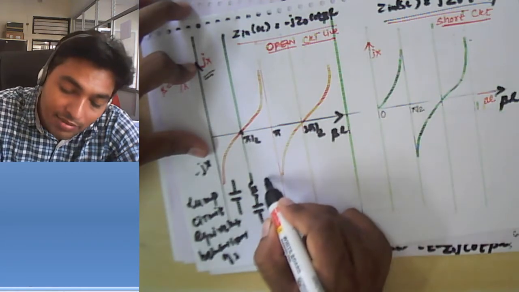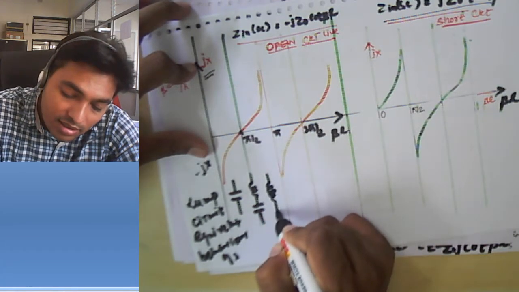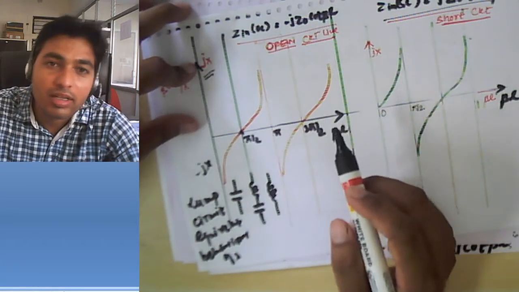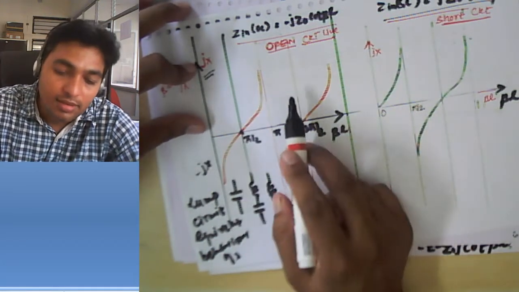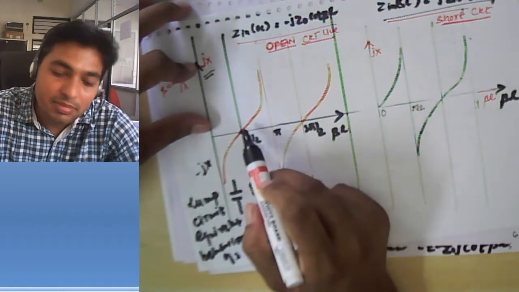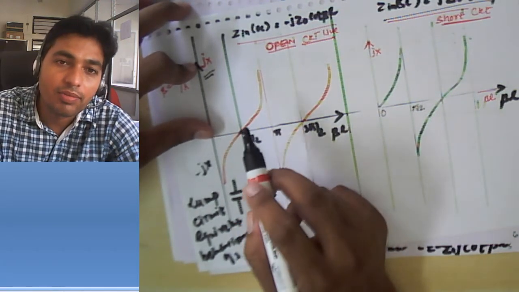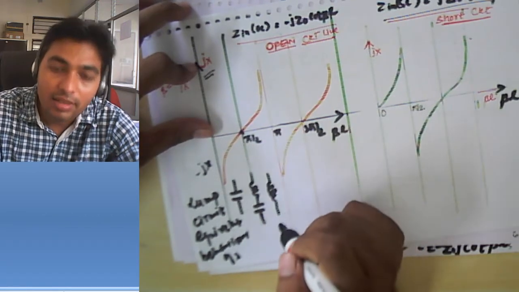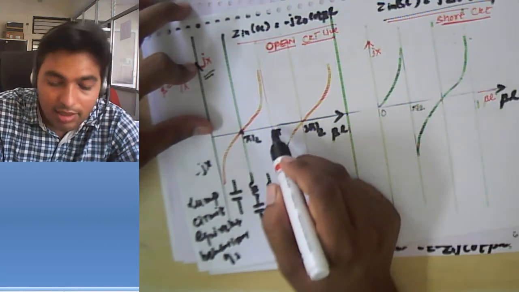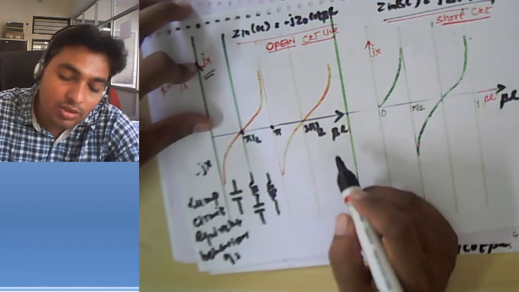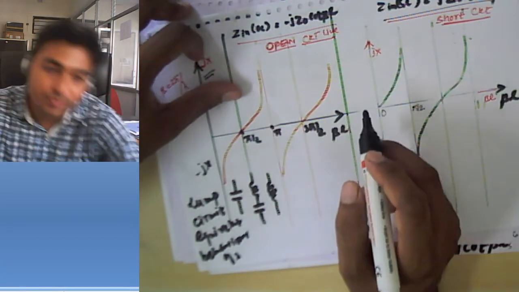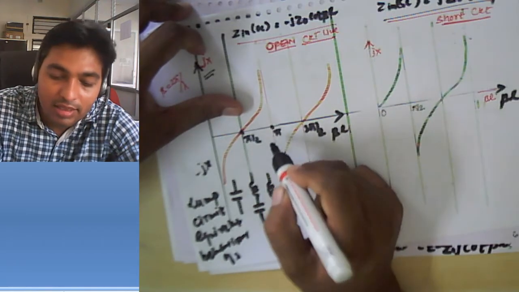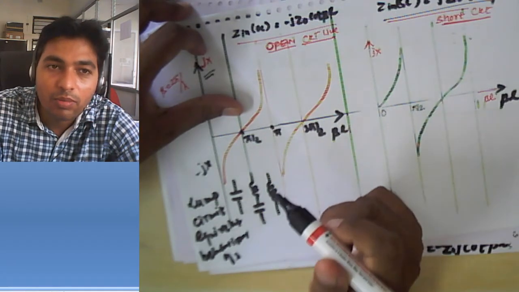So this will behave as an inductance. It will behave as a pure inductance if the length of the open circuited transmission line is greater than lambda by 4 but less than lambda. Similarly, when it is equal to lambda, then beta L will be equal to pi.